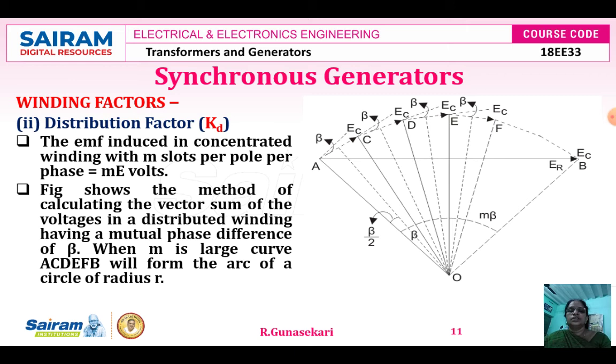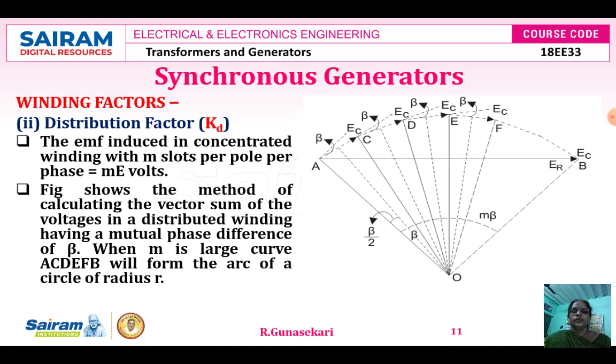Now you see the circle diagram, with the arc ACDEFB. The angle AOC equals beta, the angle between the middle is beta by 2, and the angle AOB is m beta. So the EMF induced in the concentrated winding with m slots per pole per phase is equal to mE volts.